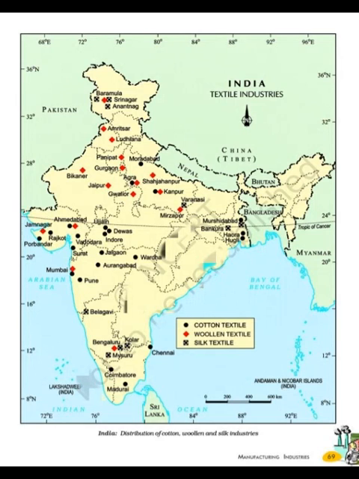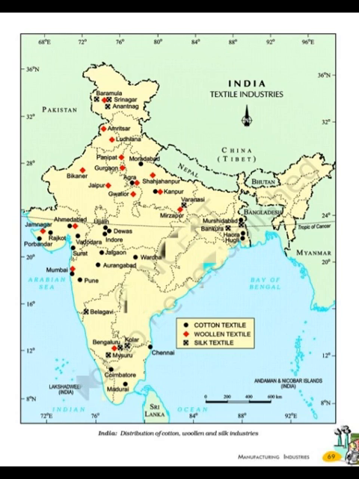Now students, on page 69, the map is given of the textile industries, and here they have given cotton textile, wool textile, silk textile, but in your syllabus only cotton textile is there for the map marking. So the centers of cotton textile, where cotton textile mills are located, are like Kanpur, which is in Uttar Pradesh.